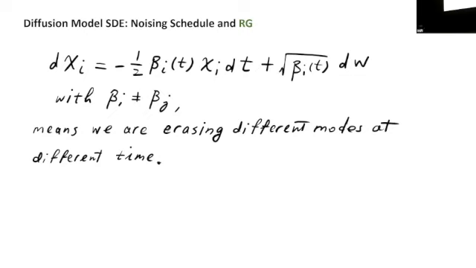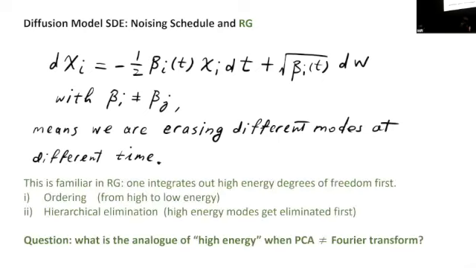So how do I think about this freedom? What does it mean that this noise schedule could be different for a different channel? It means that we're erasing different modes or different channels at a different time. And this is, of course, very reminiscent of RG.